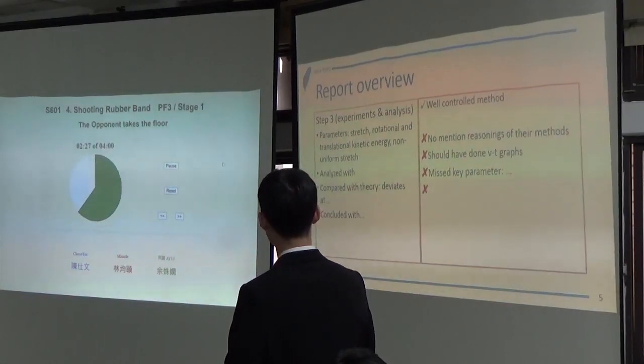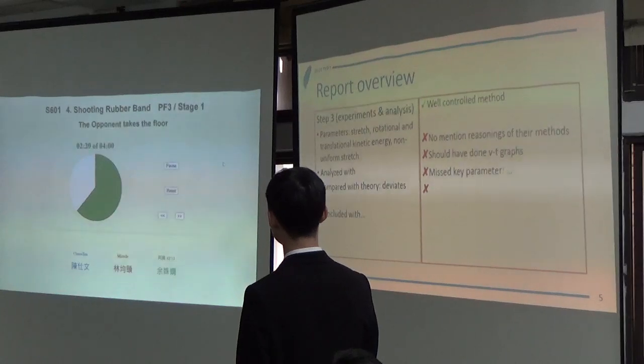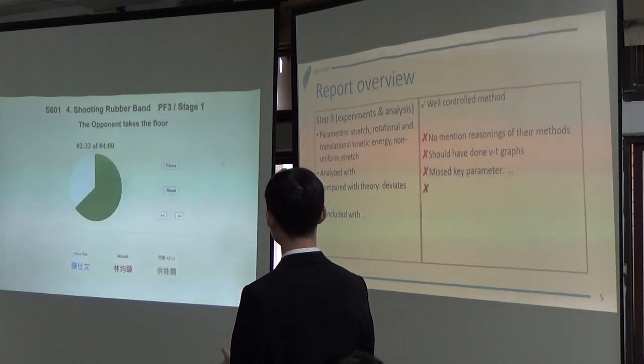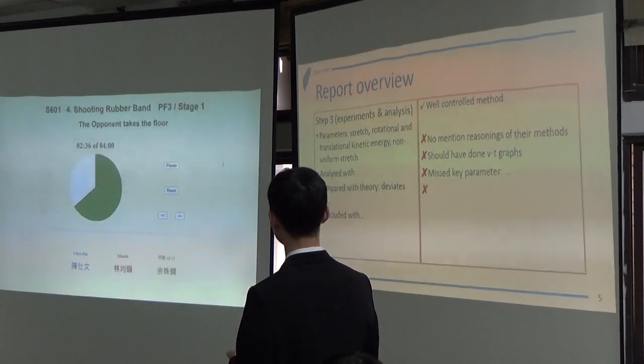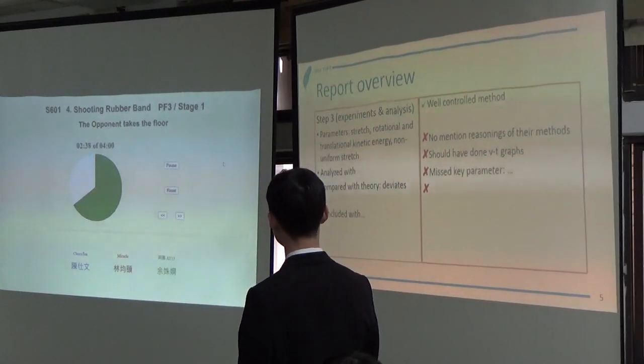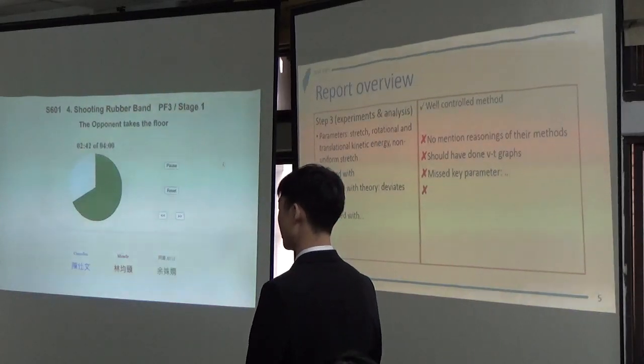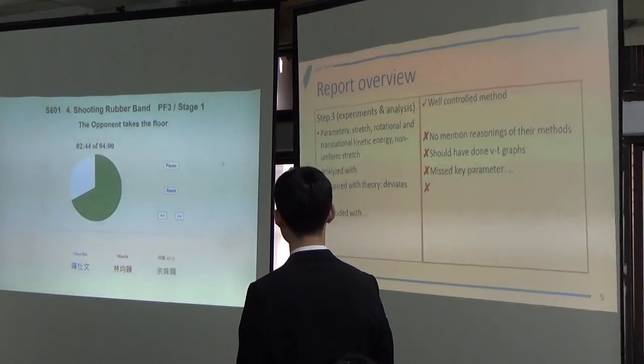As for the experiments that dive into the parameters, we think that you did parameters such as the non-uniform stretch, the rotational and translational kinetic energy, and you calculated the energy fraction that gets transferred into it.